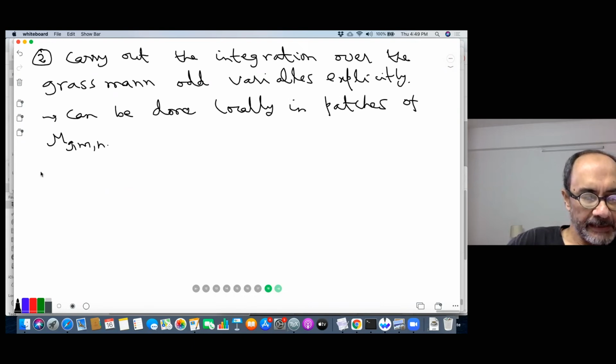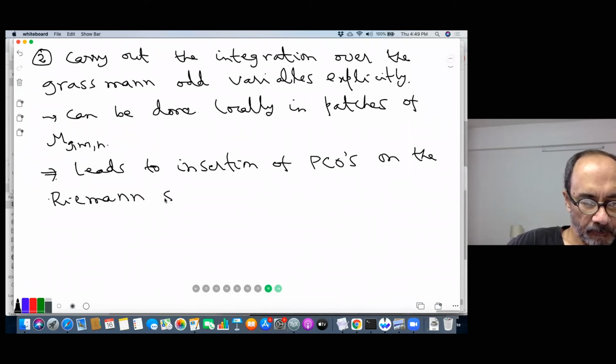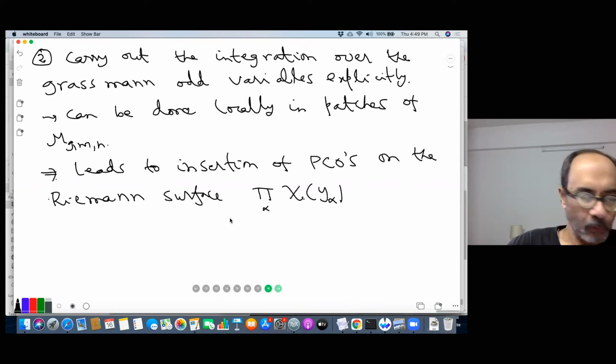And essentially what it does is it leads to insertion of picture changing operators on the worldsheet, on the Riemann surface. Which you can write as product over alpha of chi of y_alpha, where y_alpha are the locations of the picture changing operators.